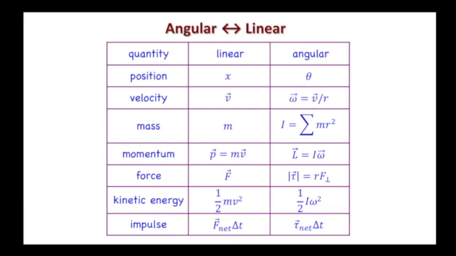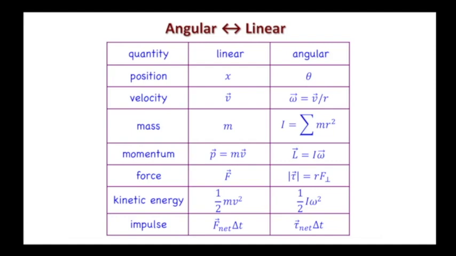I don't think we've talked about it explicitly, but there is rotational kinetic energy, and the expression is extremely similar. We just swap out the m with I for our rotational mass or rotational inertia, and we swap out the velocity with angular velocity.